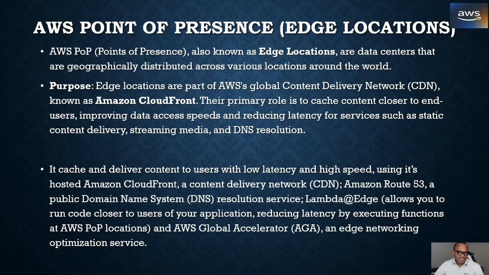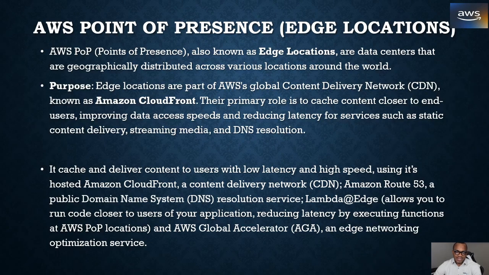Each one is isolated from the other, which means a failure affecting a single point of presence will not impact the other ones. Edge locations are part of AWS Global Content Delivery Network, known as CloudFront, and their primary role is to cache content closer to end users.